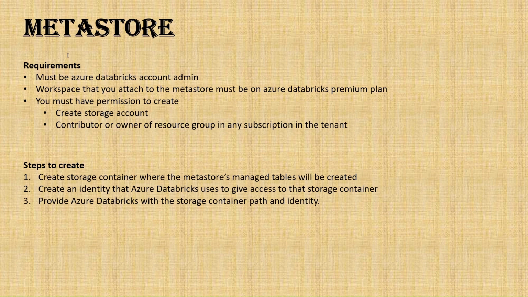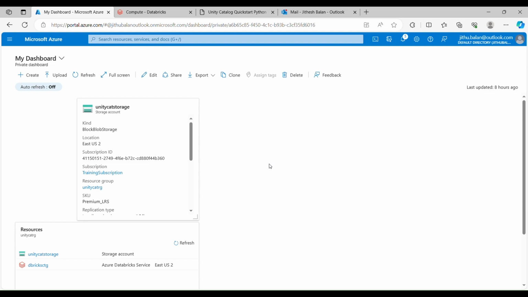All right, so we will go through all these steps and understand how we can create the metastore, right from creating the storage account, creating the Databricks workspace, then we'll create the Databricks connector to have the managed identity, then finally create the metastore. Okay, let's see how we can create the metastore and what services are required before creating it.